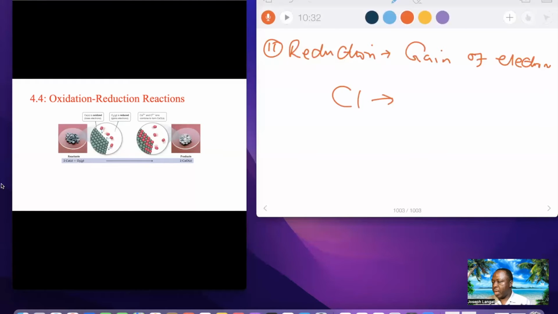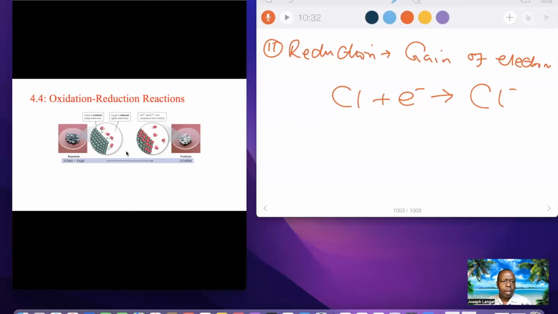If it gains an electron, or rather, adding an electron, it becomes negatively charged. That's just to give you an example of how to identify a reduction reaction. If a species has an overall negative charge, that is a reduction reaction.